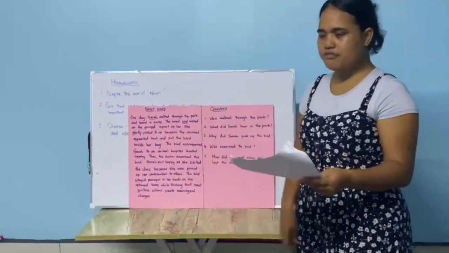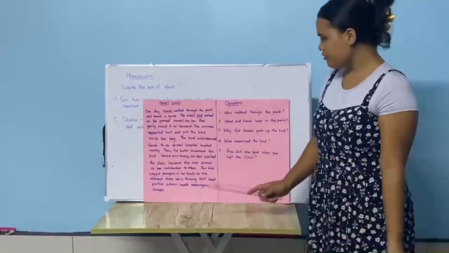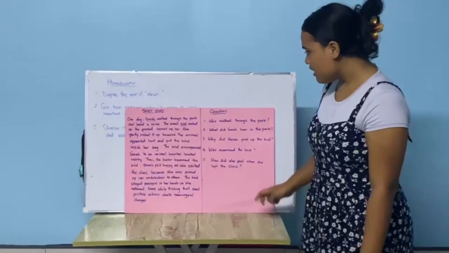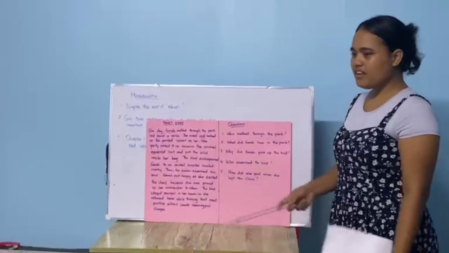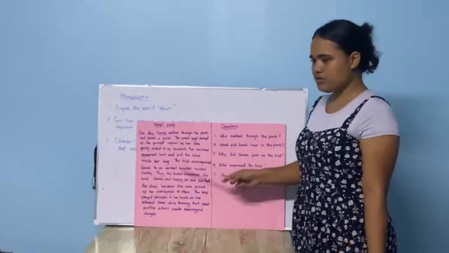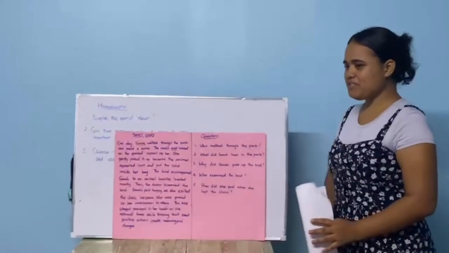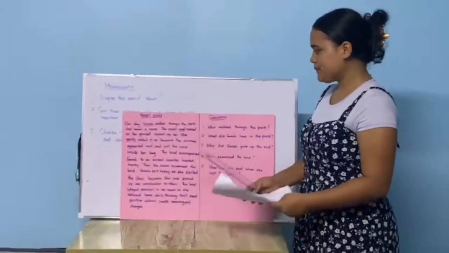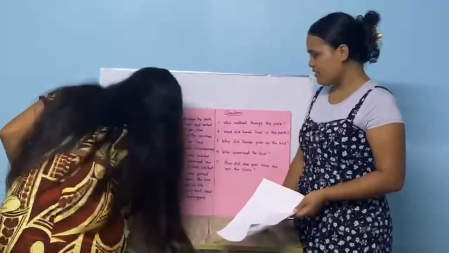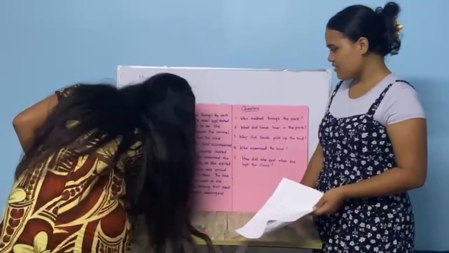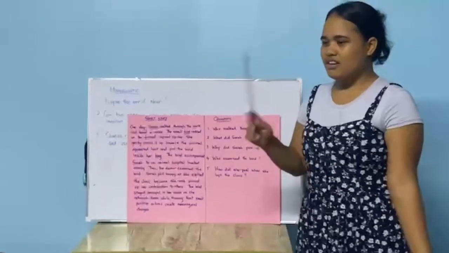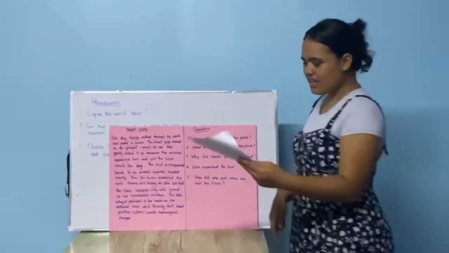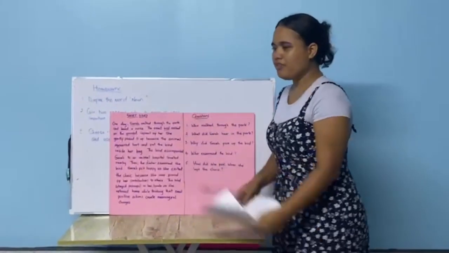Can you identify a noun from the sentence from line? Come and underline any noun that you see from this short story. Rakabe, please. Thank you, Rakabe. The last one is for Asti. Give 5 nouns from the short story.